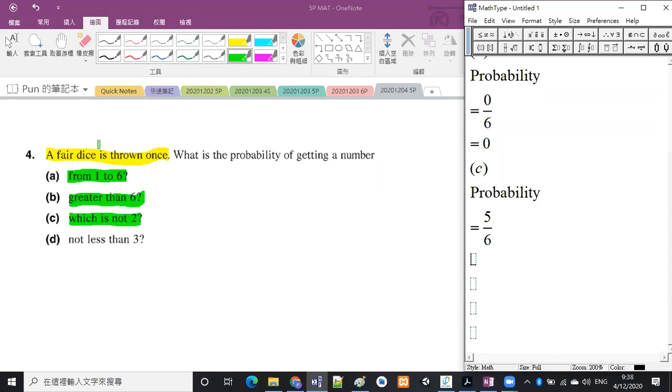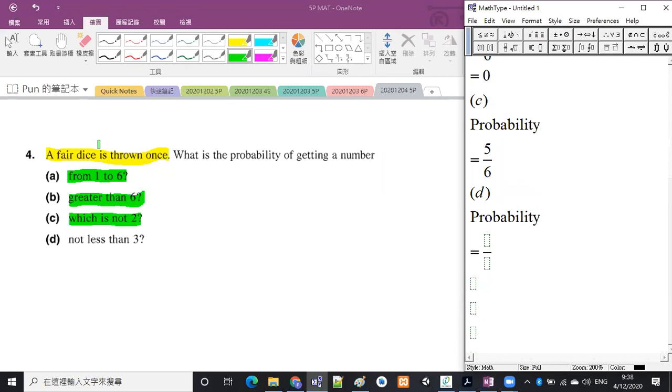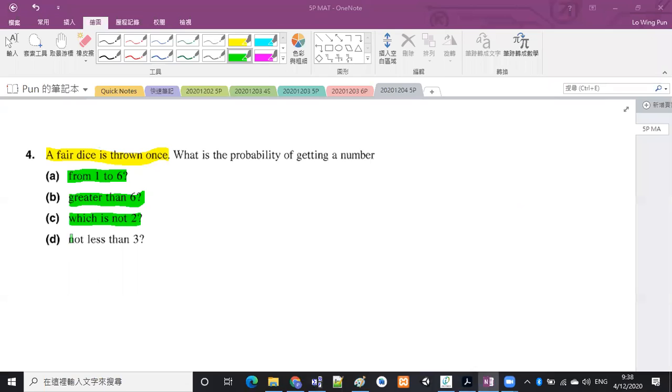All right, and then part D, the probability is equal to a fraction. Okay, and the denominator is still equal to 6 because we are still throwing the same dice. And then the probability of getting a number not less than 3.